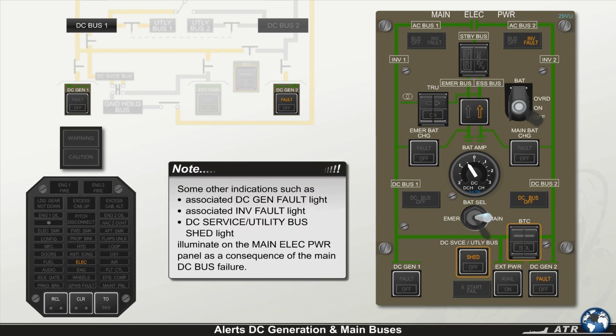Note that some other indications, such as the associated DC generator fault light, the associated inverter fault light, and the DC service utility bus shed light, illuminate on the main electrical power panel as a consequence of the main DC bus failure.